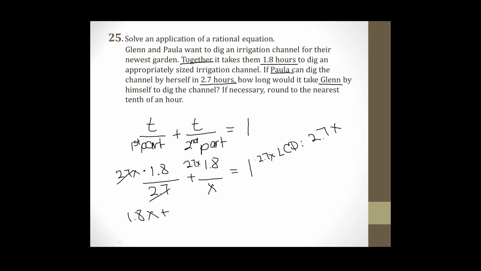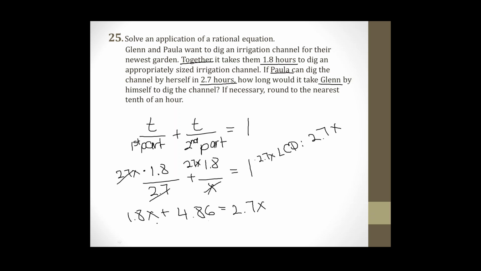Over here, the x cancels with the x, and I'm left with 2.7 times 1.8, which is 4.86. And the last one, nothing cancels out. There is no denominator, so 1 times 2.7x is just 2.7x. Now this problem already became simpler.